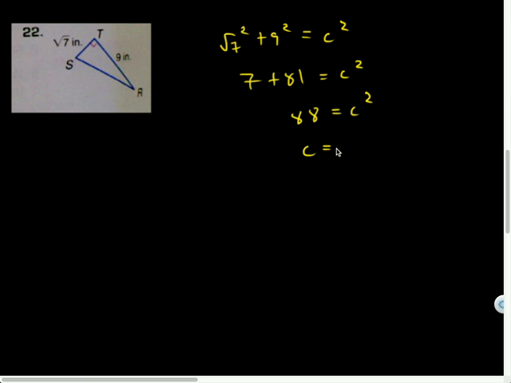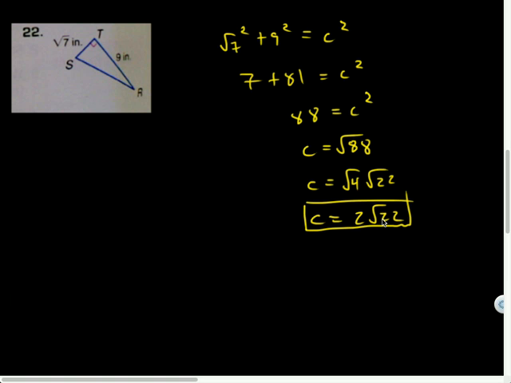So c is the square root of 88, which I believe 4 goes into that 22 times. So c is going to be 2 square roots of 22. So there's my hypotenuse, 2 roots of 22.